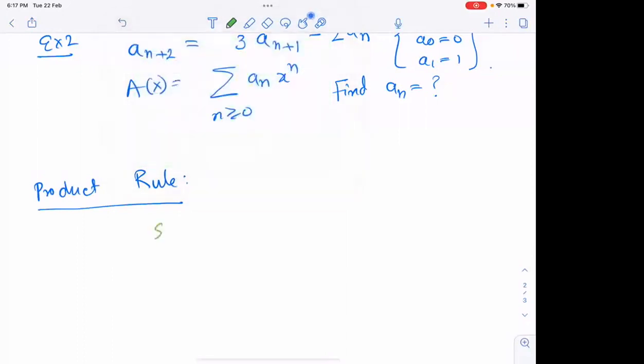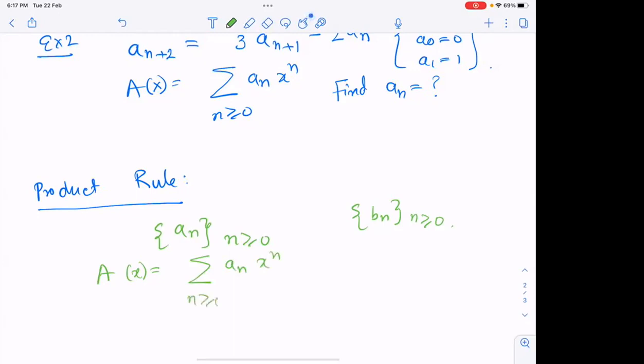So often you will be given two sequences, and there will be generating functions associated with them. At the moment, our study looks very abstract, but when you work with real life problems, then you will see why these things are important.